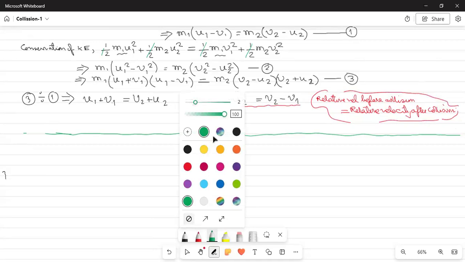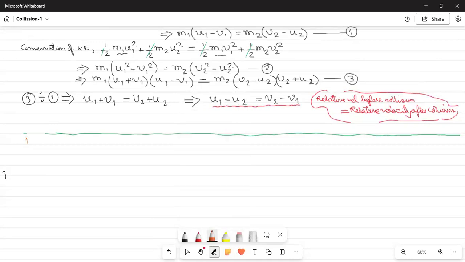We shall try to find final velocities v1 and v2 in terms of initial velocities, find out some expression for them.